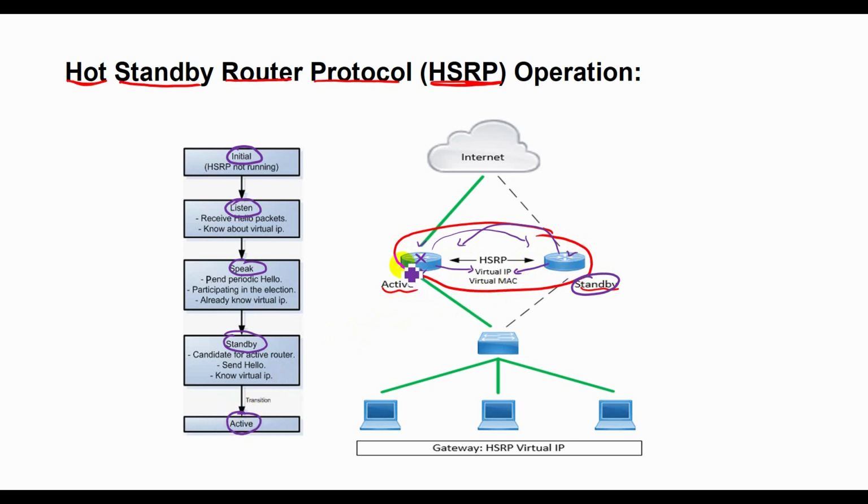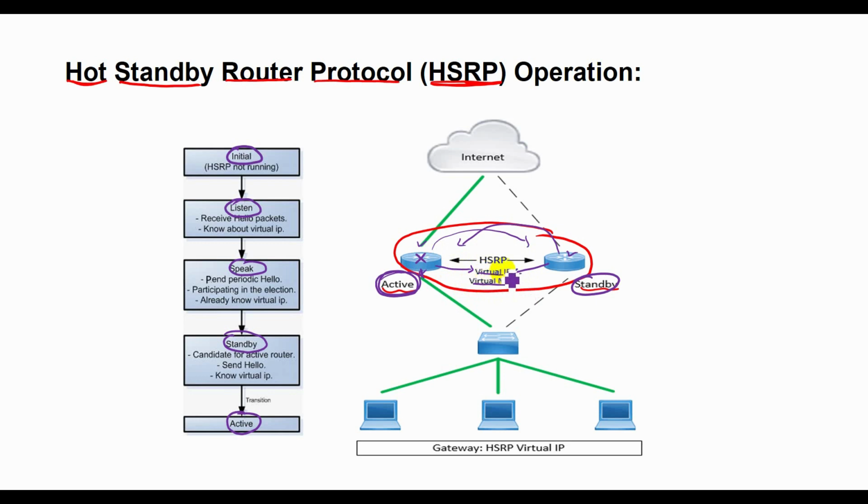Active state. In this state, the router will actively forward packets from clients and send hello messages. The HSRP active router implements a virtual IP address and matching virtual MAC address.